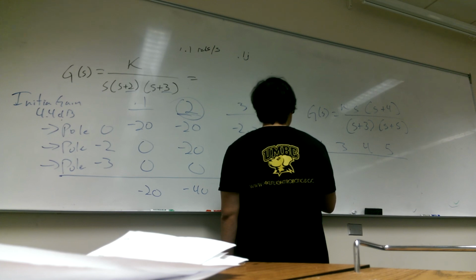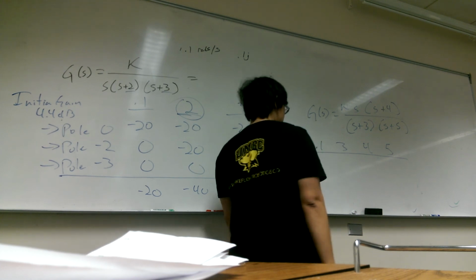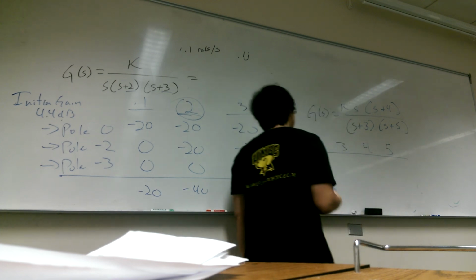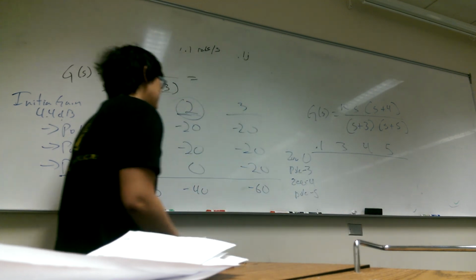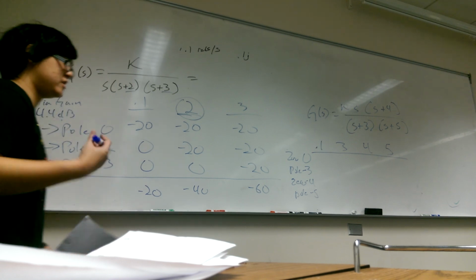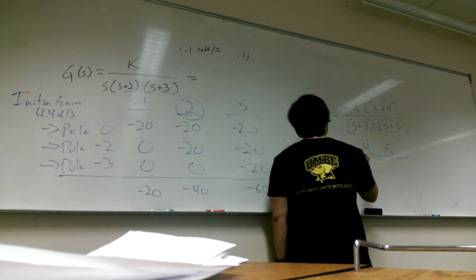We have a 0 at 4. These are negative, sorry. And then we have a pole at -5. These represent when you're going to start seeing the effects of the poles and zeros. For a 0, it's the opposite of a pole at the origin. A 0 at the origin means +20 throughout the entire thing.